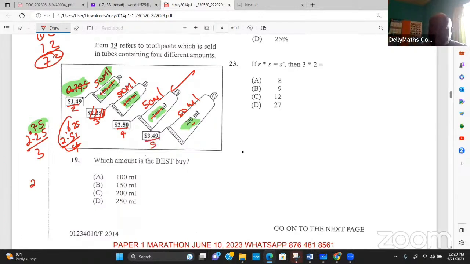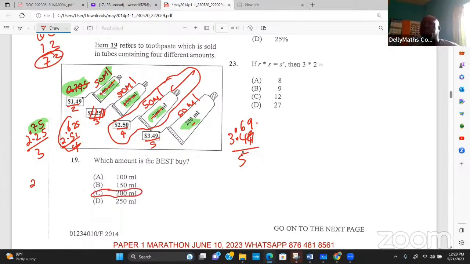So if you divide the $3.49 by 5, I'm seeing a 0.6, yeah? 60, and then a 4. And then this is going to be the problem. 9, 545, I'm seeing 9. So this is more expensive than the other one. So this is 0.62, this is 0.69. This is the cheapest right now. I'll spend less money to get the same amount here. So the one with this is the cheapest.